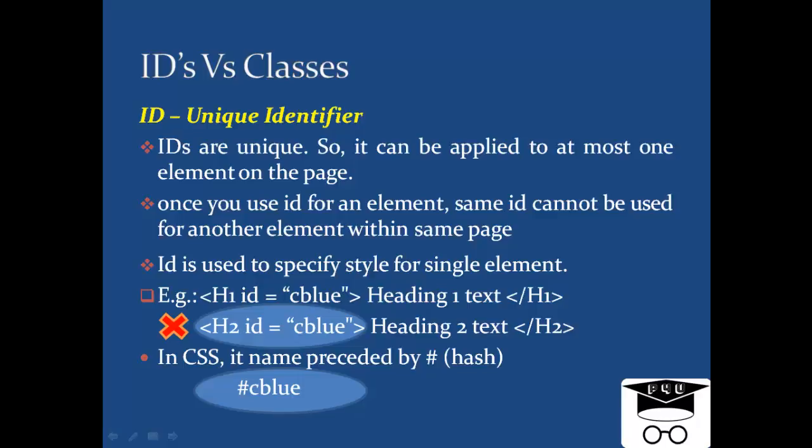Once you define this ID in the HTML page, then in CSS to apply that style, the syntax is the name preceded by the hash symbol, that is #cblue, because cblue is our ID specified in the HTML page.